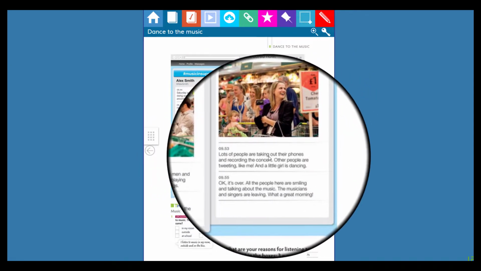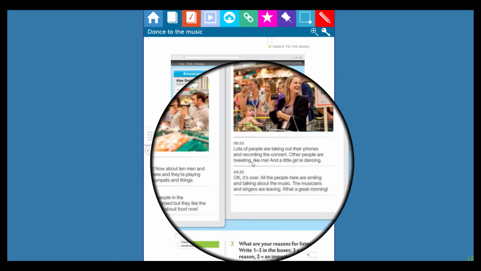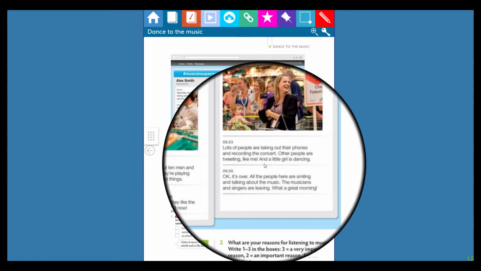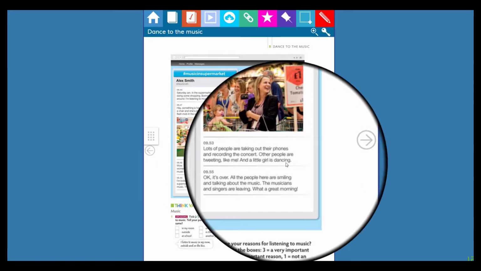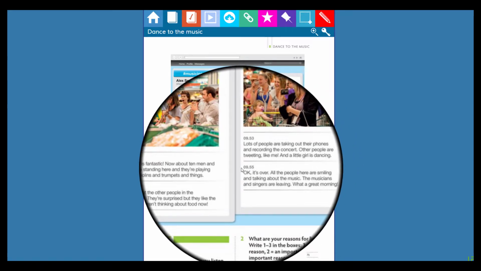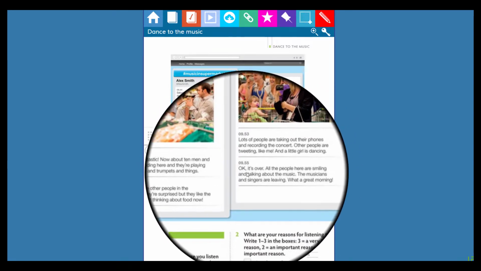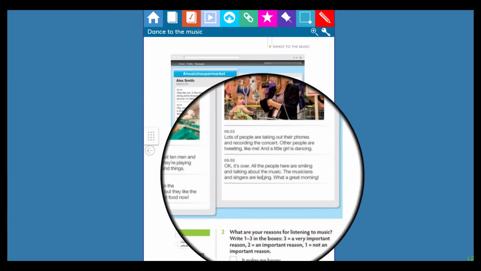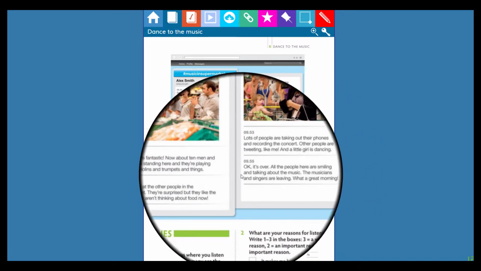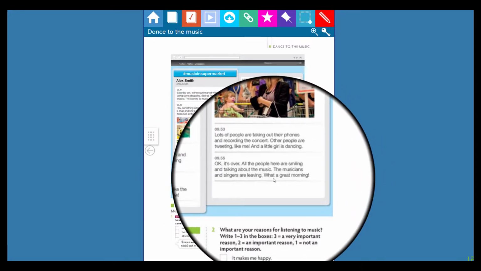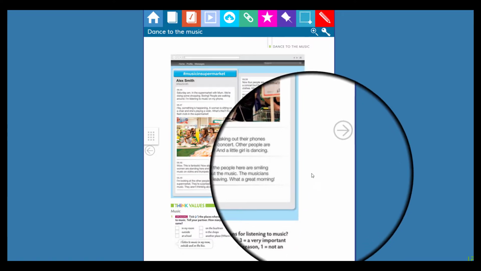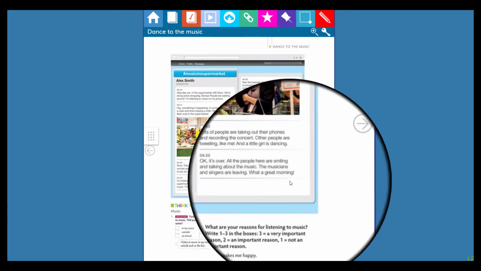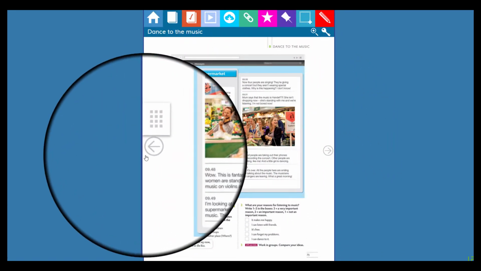Lots of people are taking out their phones and recording the concert. Other people are tweeting like me. And a little girl is dancing. And finally, 9:55. Okay, it's over. All the people here are smiling and talking about the music. The musicians and singers are leaving. What a great morning.